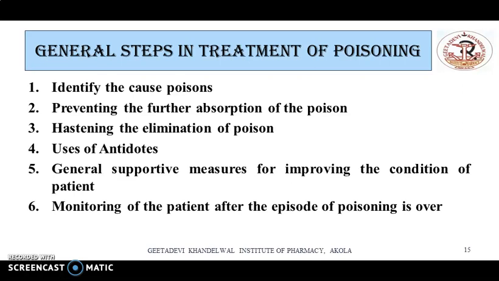And the sixth step is monitoring of the patient after the episode of poisoning is over. There is a chance that a rebound effect may be produced by the poisons after treatment. So that's why the patient must be monitored for a certain period of time after the episode of poisoning is over. So we'll discuss these steps in brief.